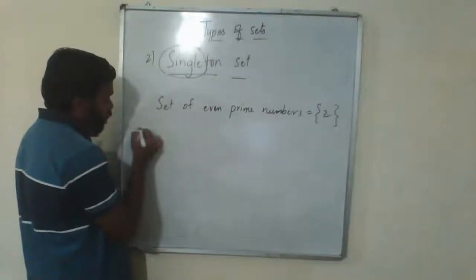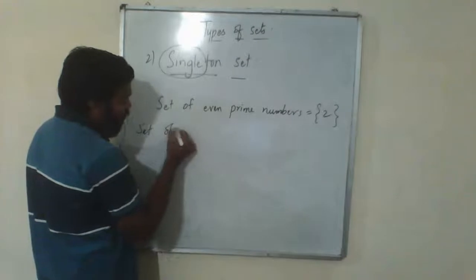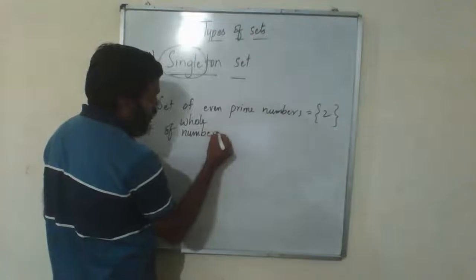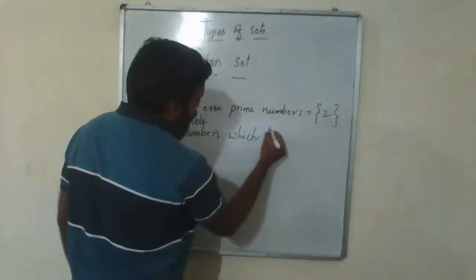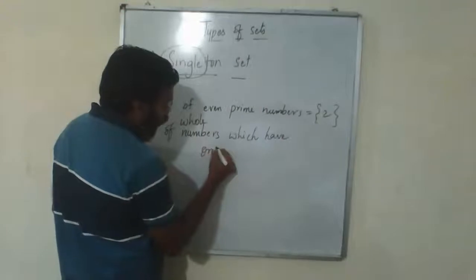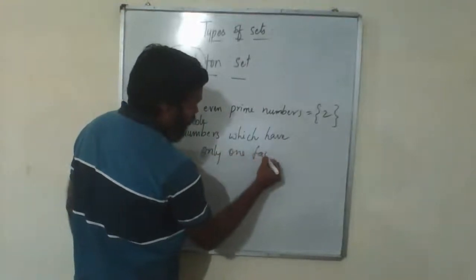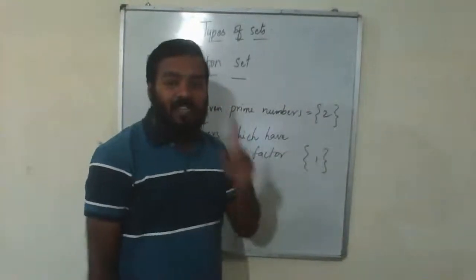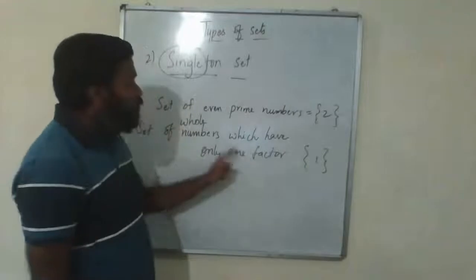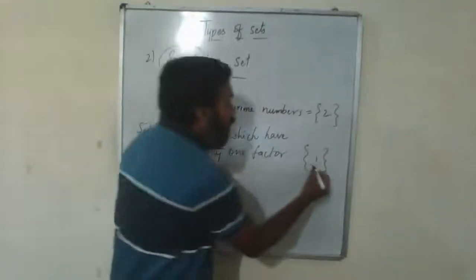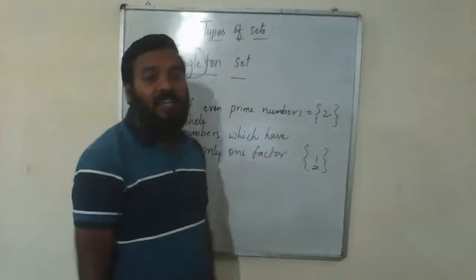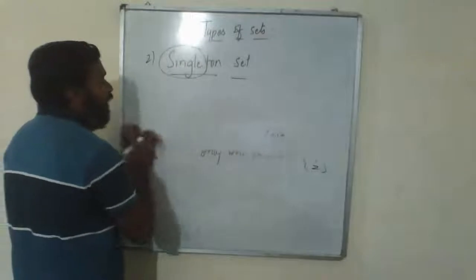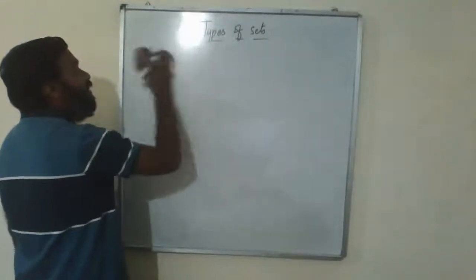Or else, the set of whole numbers which have only one factor, that is 1. One has only one factor, that is only 1. So we have only one element in it. So this is a singleton set.